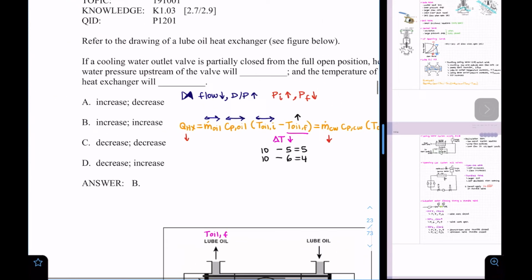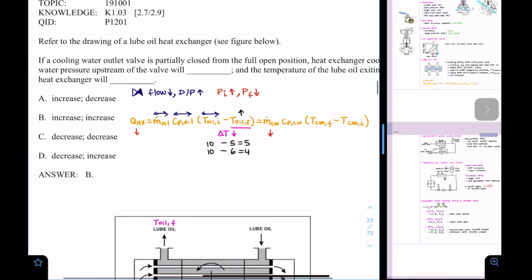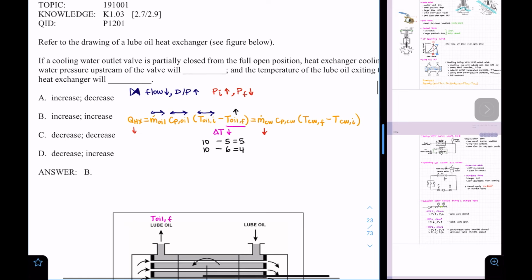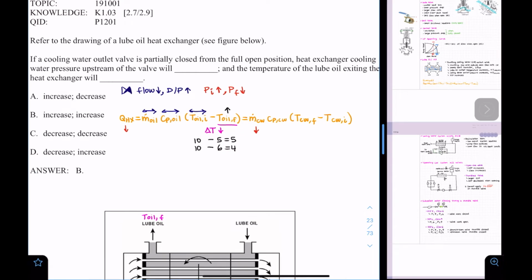Now, this helps me answer the first part of the question, which says if a cooling water outlet valve is partially closed from the fully open position, heat exchanger cooling water pressure upstream of the valve will... so what's going to happen upstream of the valve?